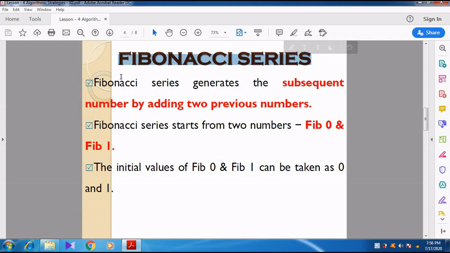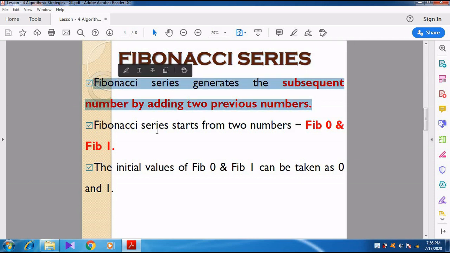First of all, what is meant by Fibonacci series? Fibonacci series is used to generate the subsequent number by adding the two previous numbers. So we first want two numbers, and then we add those two numbers.